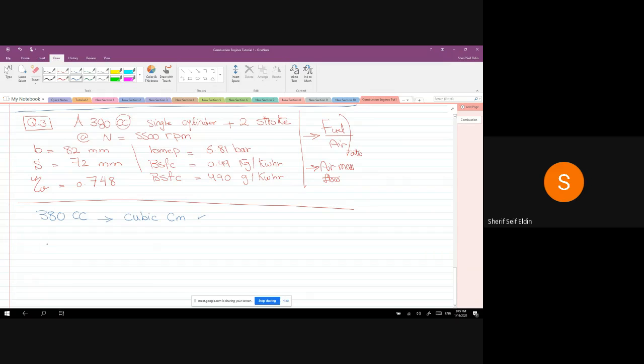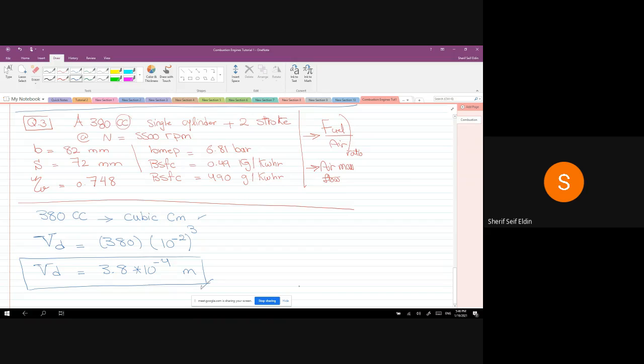So you know that the displacement volume is 380 centimeters. I have to convert it into meter, and because it's a cubic, I have to add the power 3 here. So displacement volume is going to be 3.8 multiplied by 10 to the negative 4 meters cubed.